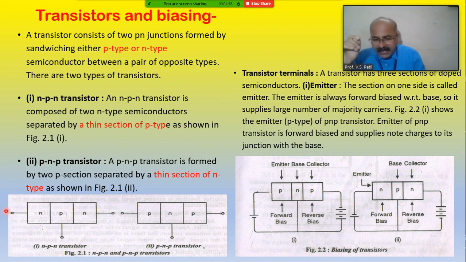Here in the diagram it is also shown as three regions with equal width: this is the base region, this is the emitter region, and this is the collector region, with the same thickness.